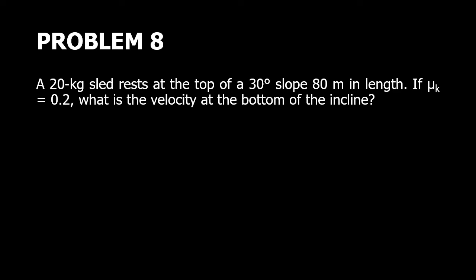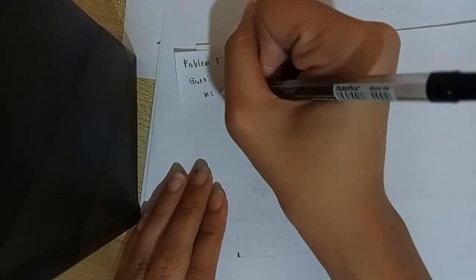A 20 kg lead rests at the top of a 30 degree slope, 80 meters in height. If the constant of kinetic friction is 0.2, what is the velocity at the bottom of the incline? So we're looking for the velocity. Let us solve the problem by first listing the given.